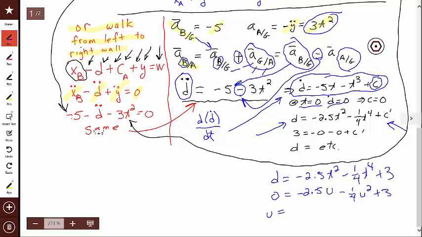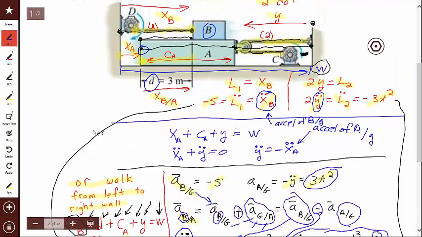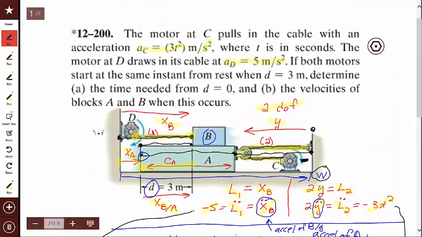You find u, you get two numbers, and then you simply say that t is the square root of u. So you can find that value. But the easiest thing to do is punch it into Mathematica. So that is two different ways to solve this particular problem.